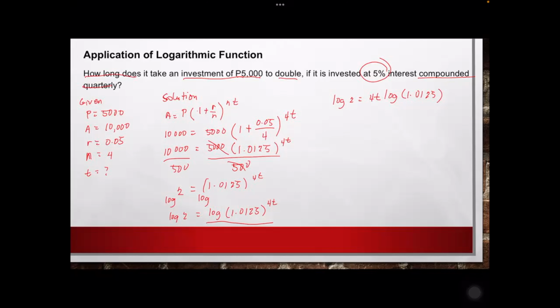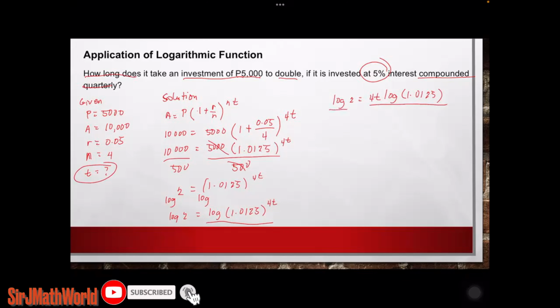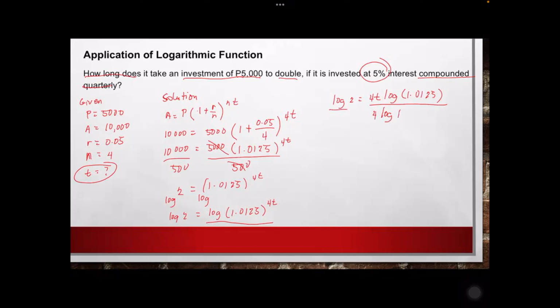Since kinukuha natin yung letter t o yung time, yung mga kasama dito ng letter t, ito-divide natin siya. So, magkakaroon tayo dito ng 4 log 1.0125 sa kabila din. So, cancel, cancel, and cancel. So, natira lang dito sa kabila ay t is equal to logarithm of 2 over 4 log 1.0125.